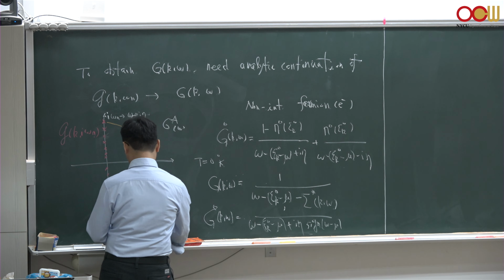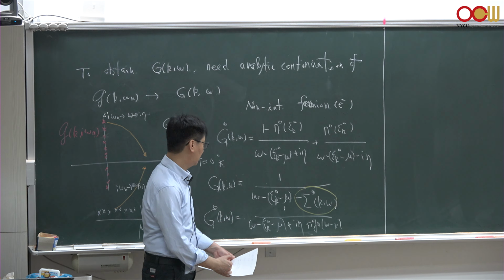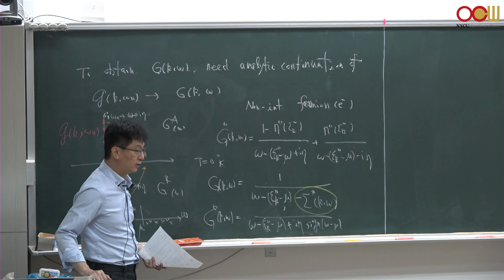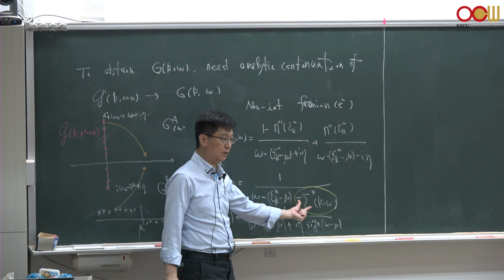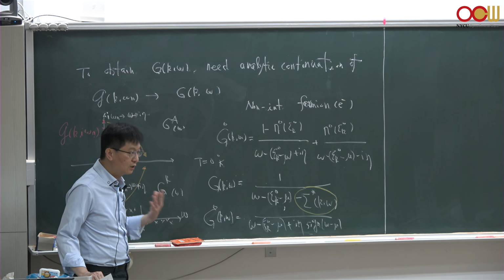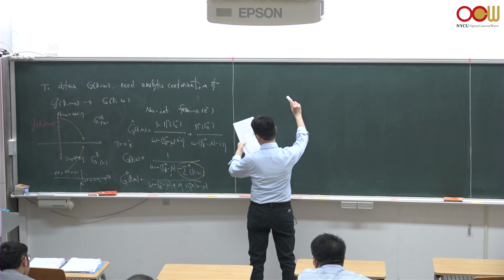So we need to calculate the sigma star and plug in here, and then we get all we want to know. In particular, this sigma star oftentimes contains a real and an imaginary part. So the sigma star as a function of k and omega is not just a real function, it's a complex function of k and omega. So it carries both the real and imaginary part.